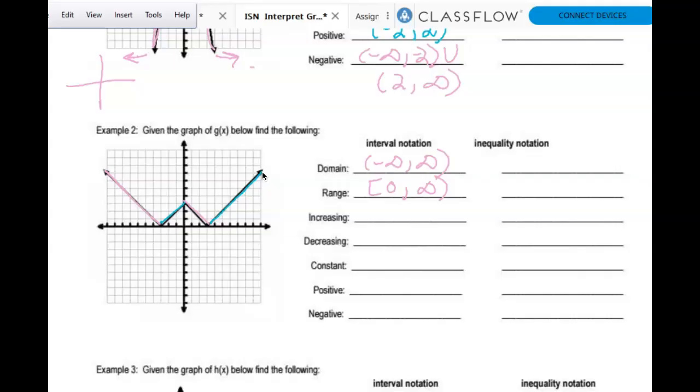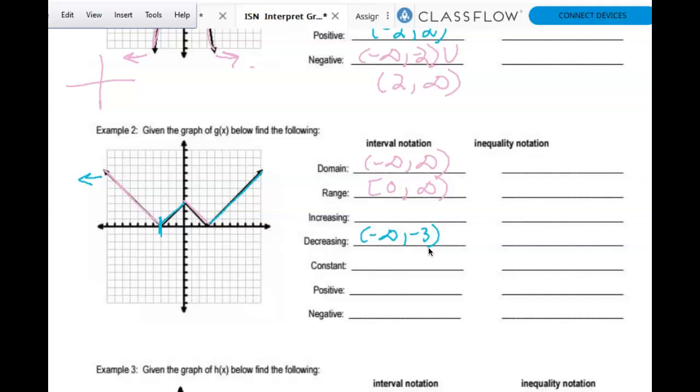Now, we identify this with our x's. So which way is this? Negative infinity. And where does this touch the x-axis? Negative 3. So I am decreasing from negative infinity to -3. And then from -3 up to here, but be careful.